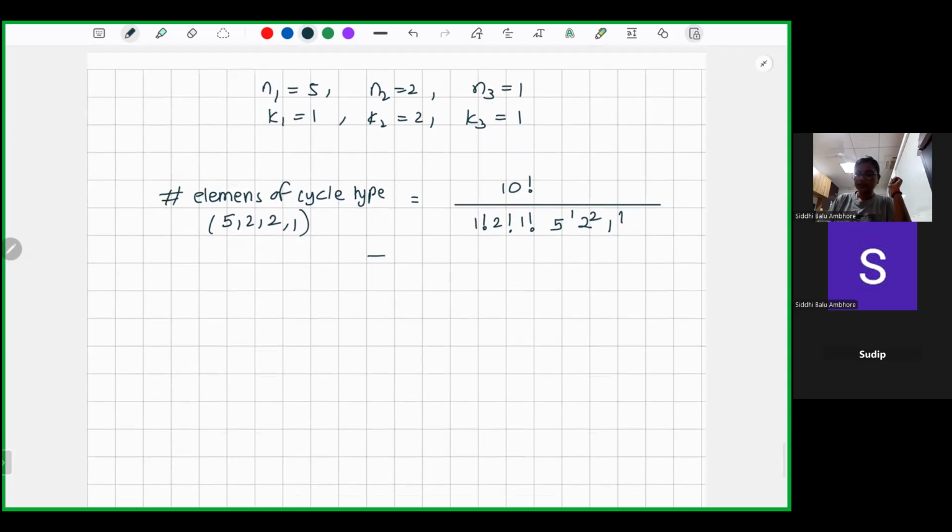So if I omit this 5 and 2, this is 9 into 8, 7, 6, 5. I'm excluding this 4. Yeah, 5, let it be. Let us keep this.